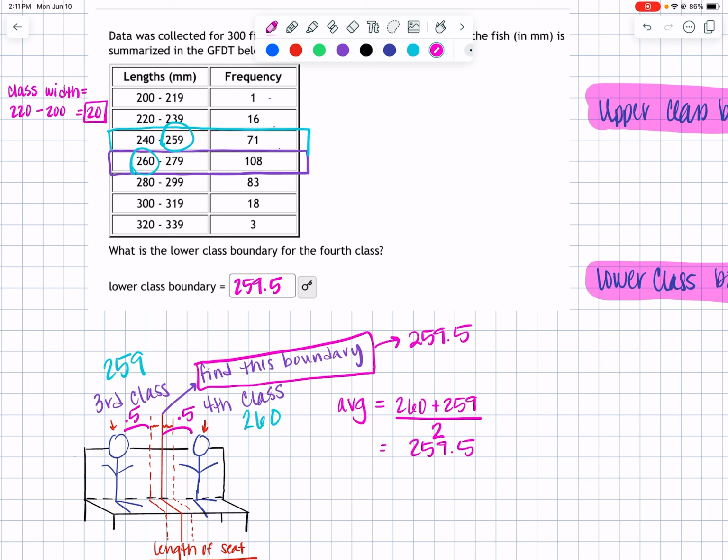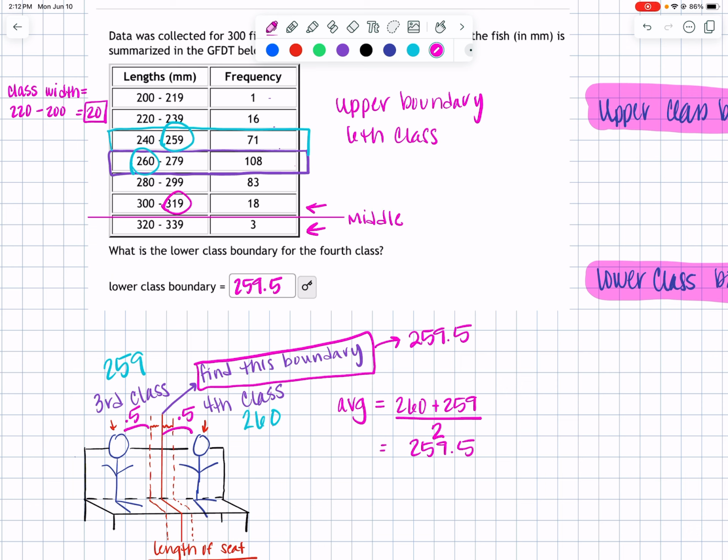But Miss Graham, my test said upper class boundary. Okay. So let's do the upper class. For the 6th class. Well, here's my 6th class. I want the upper boundary, so that means I also want to look at the 7th class. I want the location of the spot right in the middle.